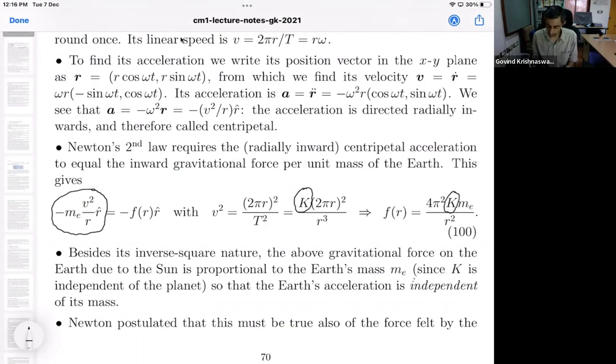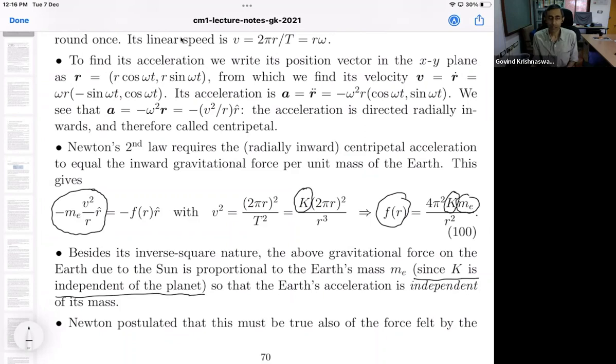We said that since K is independent of the planet, it doesn't depend on the color of the planet, it doesn't depend on the composition of the planet, leave alone its mass or any other property. And that is why we said that this force formula is proportional to the inertial mass of the Earth. In other words, we have used some experimental information to come to this conclusion.